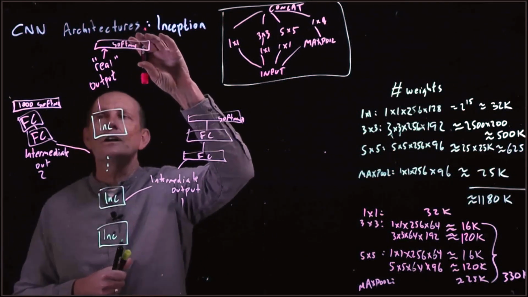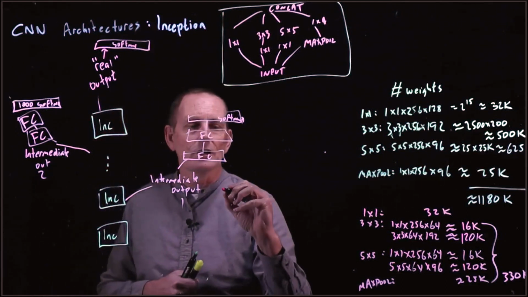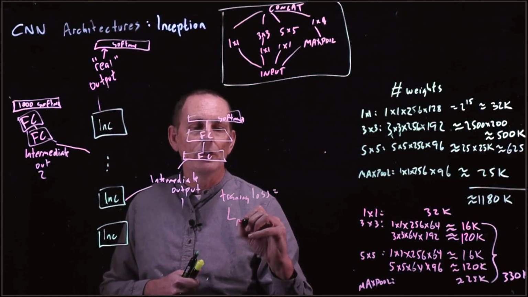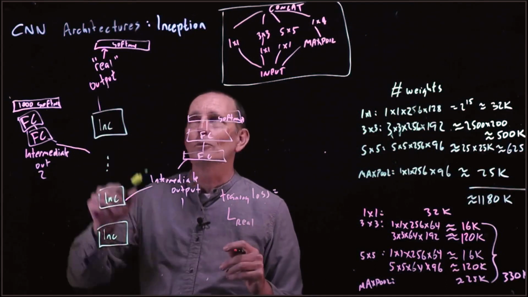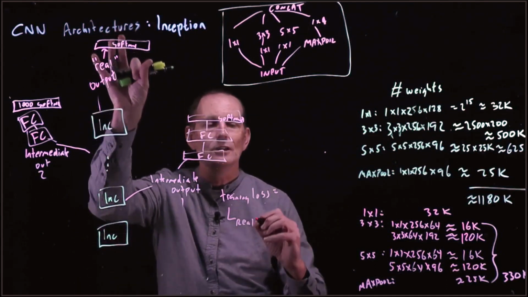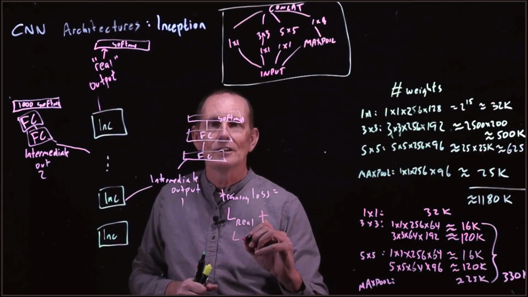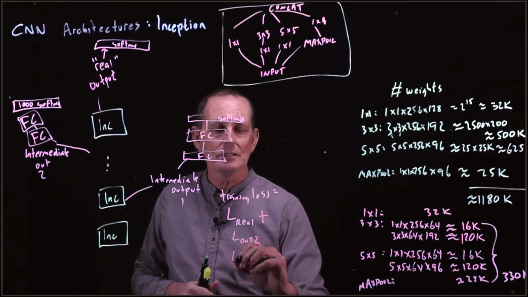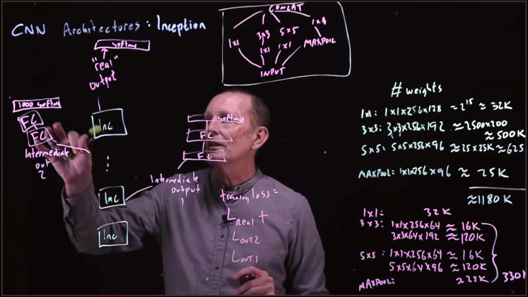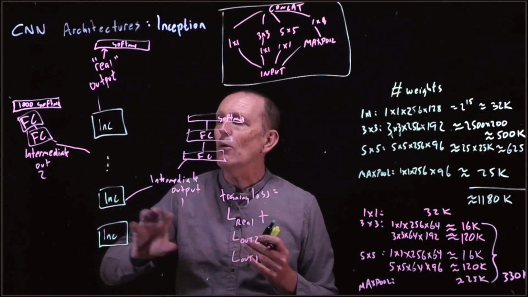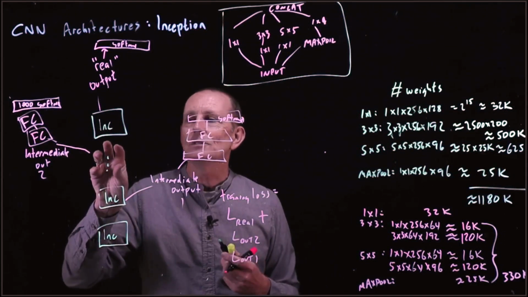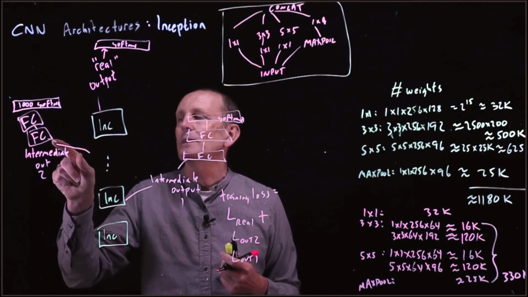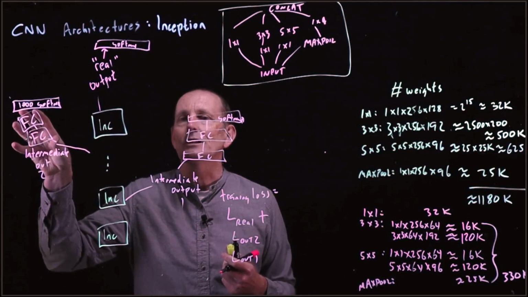So we can think of our loss as composed of 3 portions. Our training loss equals the loss for the real output, which is how well does this do classification, plus the loss for output 2 and the loss of output 1. Where the loss of output 2 is basically how well does this intermediate Inception layer do as far as solving our final problem, given we have these trained fully connected layers.